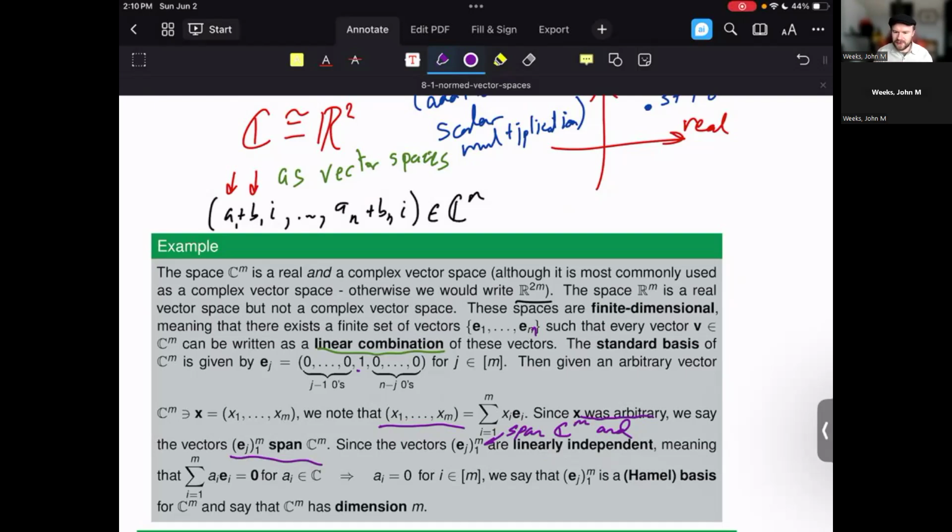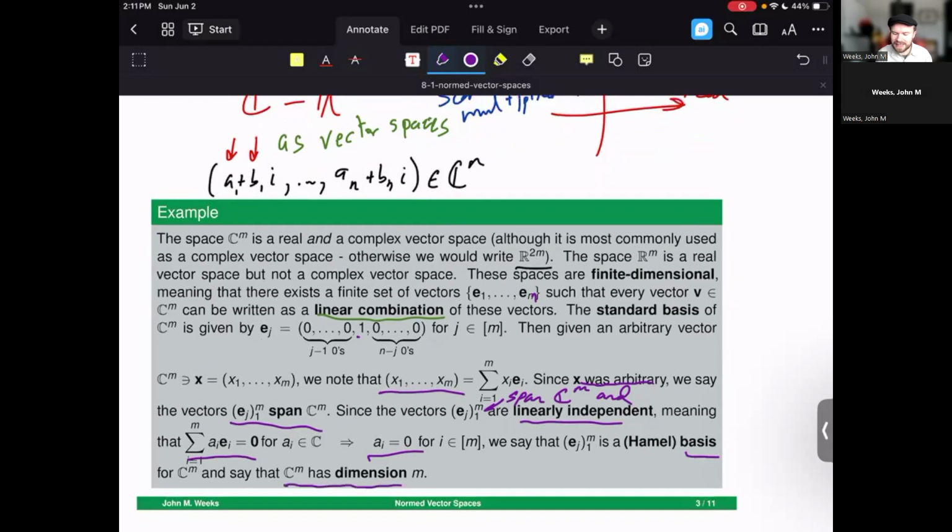Then finally, the vectors are linearly independent, which means that whenever you take the sum of this linear combination and set it equal to the zero vector, there's only one way to get to the zero vector by adding scalar multiples of these basis vectors together, and that's when all of the scalars are equal to zero. Then adding together the notions of span and linear independence gives us something called a basis for our space, and we say that C to the m has dimension m.